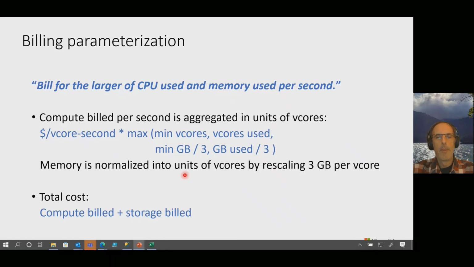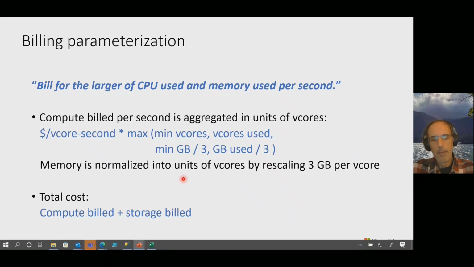So for billing purposes alone, we rescale the amount of memory that's used each second by 3 gigabytes per core. And once that rescaling has occurred, just for the billing calculation, we'll be able to compare whether or not memory, as expressed in terms of vcores, is larger or smaller than the number of vcores used for CPU.